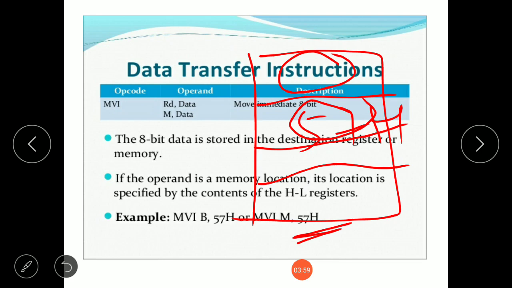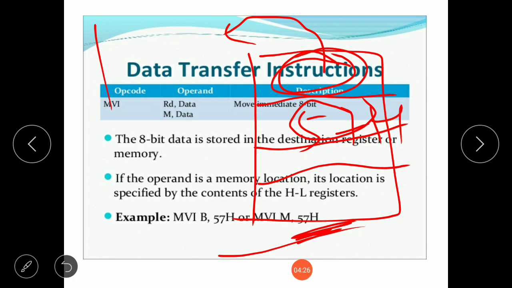Now at the time of the execution of this instruction, the microprocessor will use the first machine cycle for fetching the opcode. Once the opcode gets fetched and comes into the microprocessor, it decodes that opcode and comes to know that it has to store some data, which is actually stored in the memory, into some memory location.